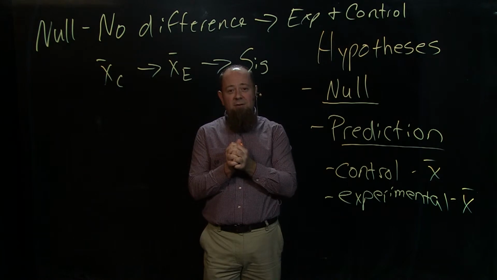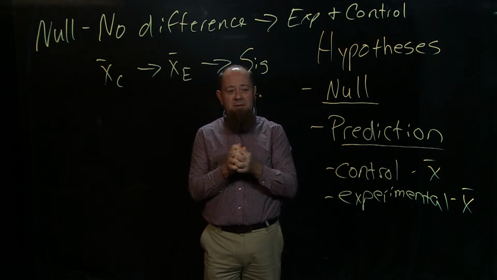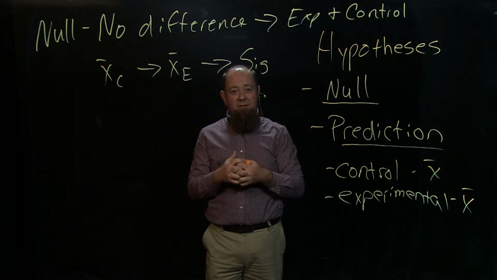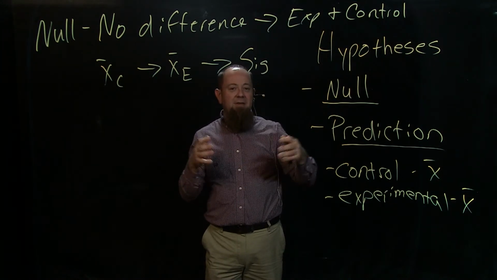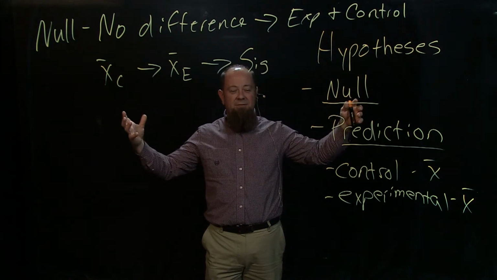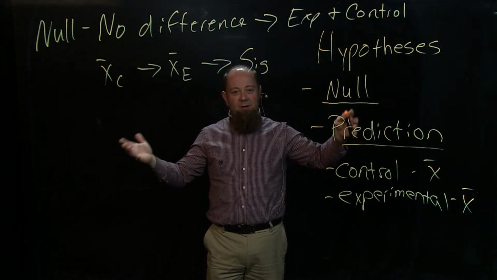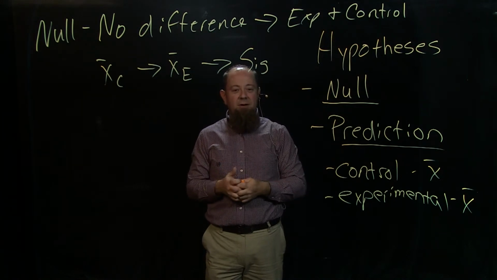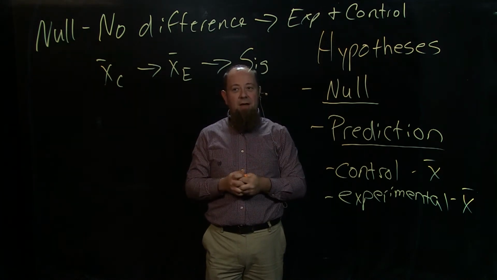You would not use a null hypothesis for something that would be just descriptive in nature. If we're looking at the characteristics of, I don't know, let's say very successful agriculturalists in whatever field, and you're looking at descriptive characteristics, there's no call for a null hypothesis.